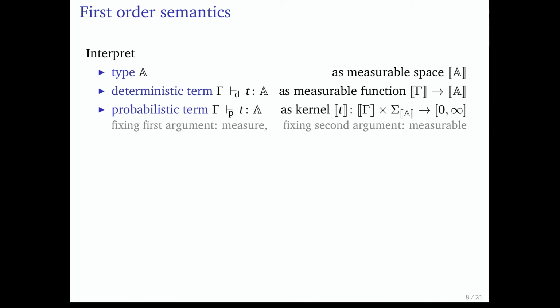So a probabilistic term in context gamma of type A is a function from the meaning of gamma times the sigma algebra of the meaning of A, so these are the measurable sets in A, to numbers, in such a way that if I fix the first argument, if I take an element here and fix it, the function I have left is going to be a measure. And if I take a measurable set and fix that, the function I have left is going to be a measurable function.